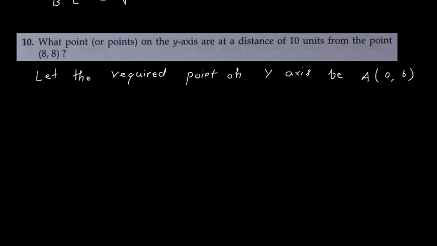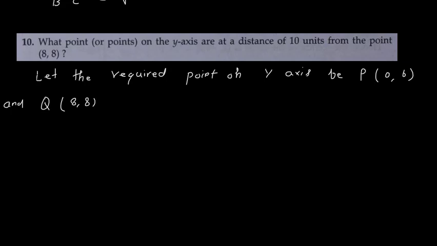Now A, B, it is somewhat confusing, so in place of A you can consider this point as P, 0 comma b. Now it is given that it is at a distance of 10 unit from this 8, 8. So I have another point Q, which is 8, 8.